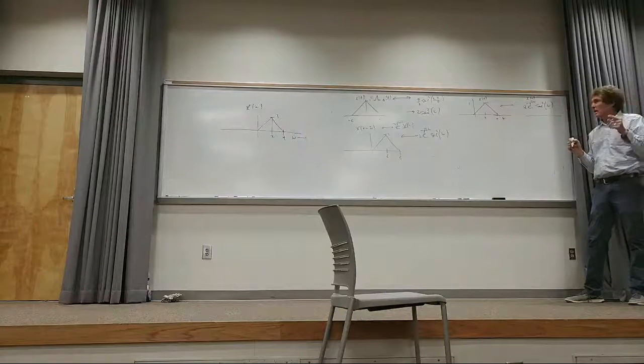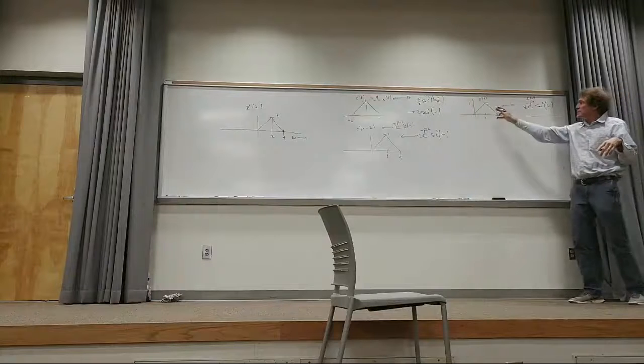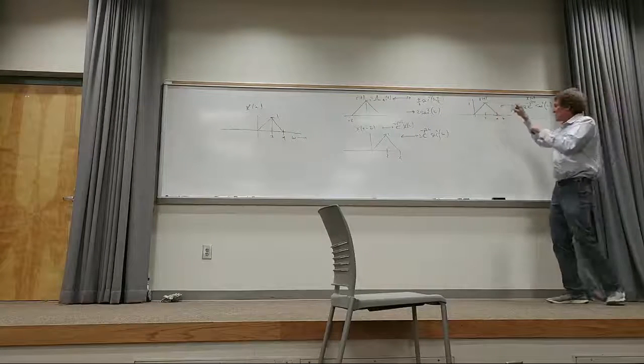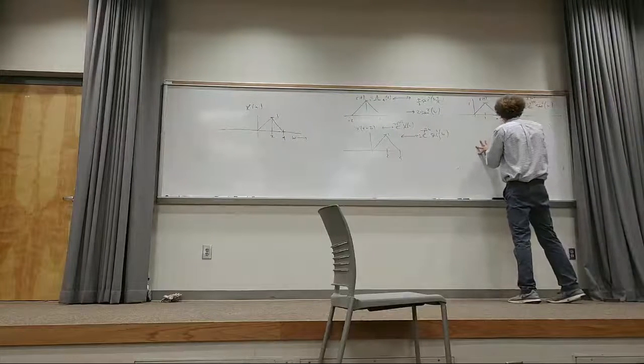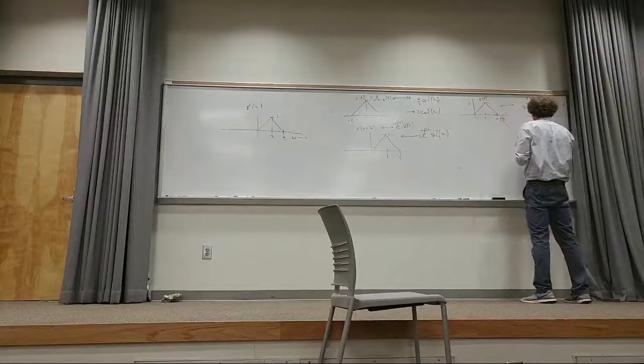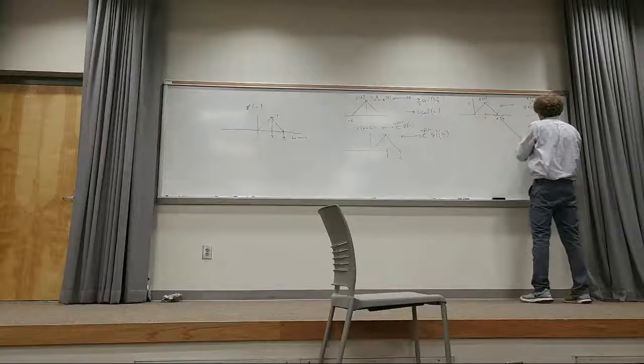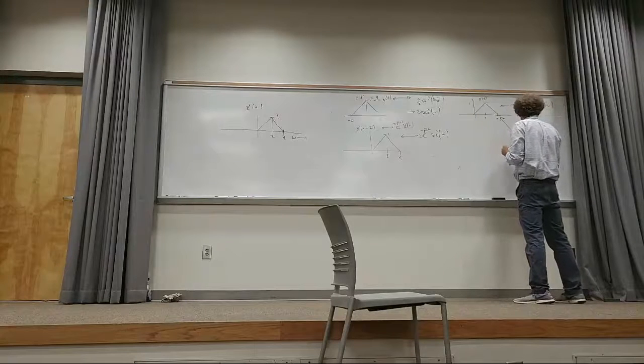Now I'm going to use duality. Duality says this function in time, when I bring it over here, I take the small x of t, but now the t becomes minus omega, right? And I have to multiply this one by 2 pi also.